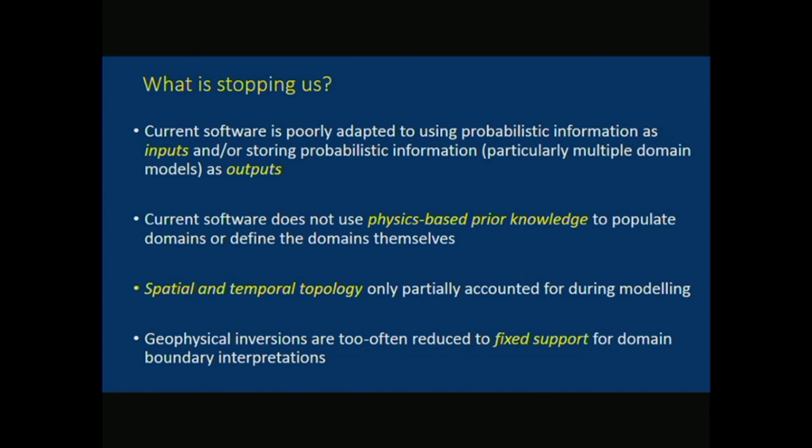You just take the best model you can, the best drill hole position that you can guess, the best estimate of what the property is, and you put that in because that's all the systems will allow. They don't really allow physics-based prior knowledge.